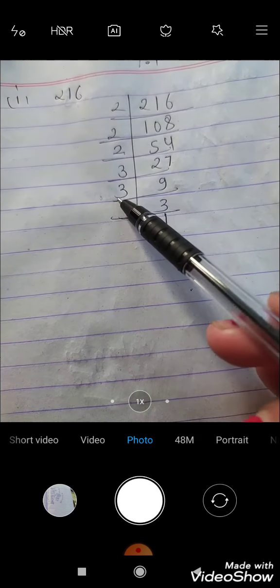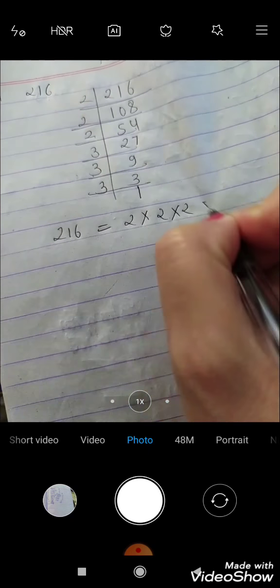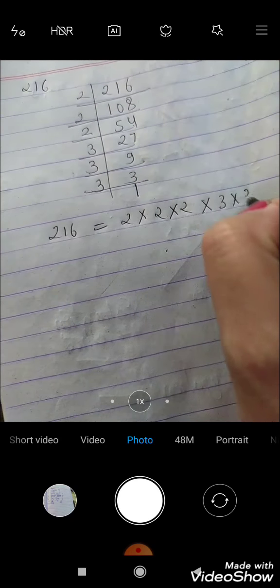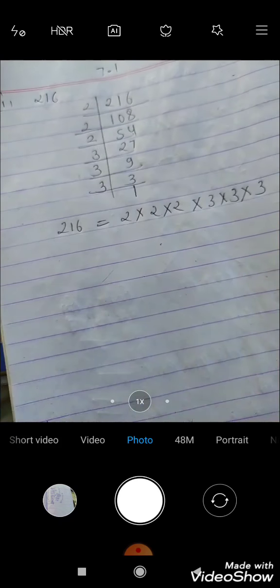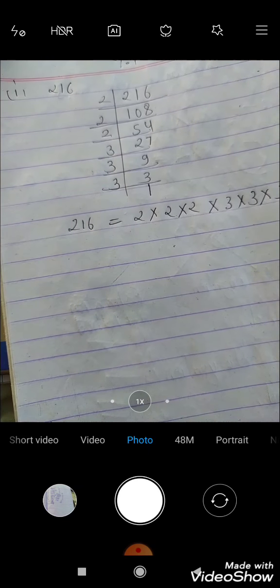First, we are going to factorize 216 by using the factorization method, and we have 2 multiply by 2 multiply by 2 multiply by 3 multiply by 3 multiply by 3. Our next step is that we make groups of the same number, 3 at a time.